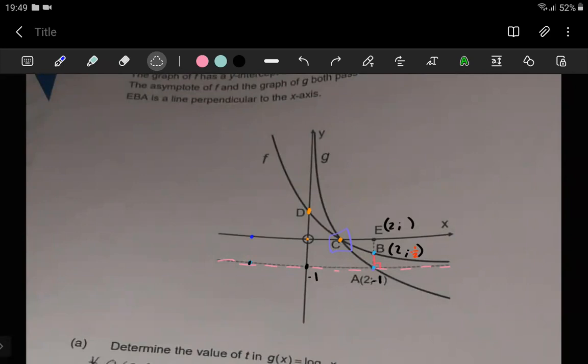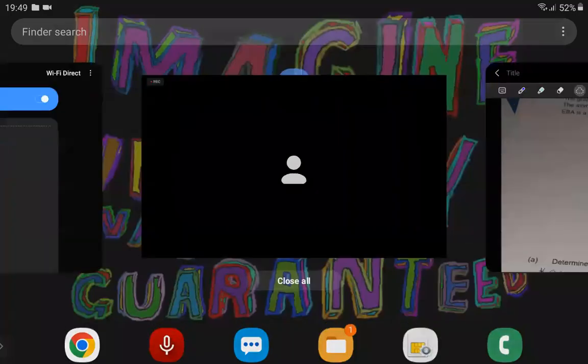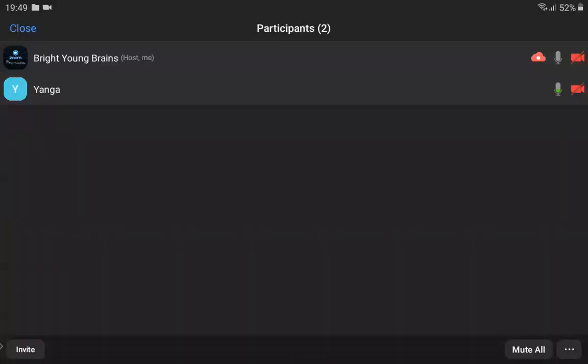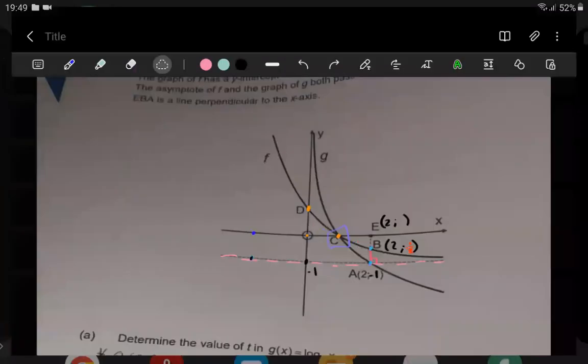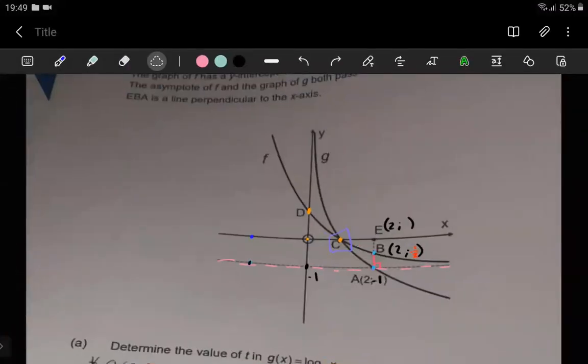Are you there? Oh, it disappeared. I was saying, so what's the range of f? The range of f, well, I would look into the y values of f.